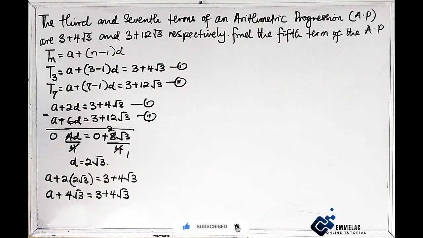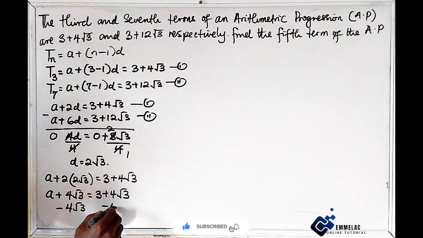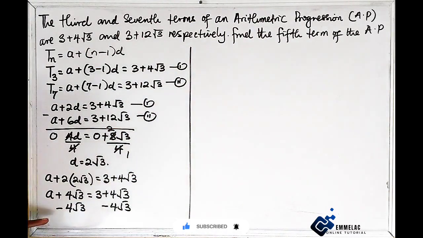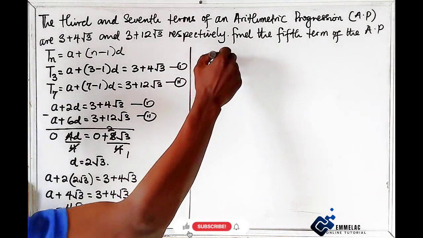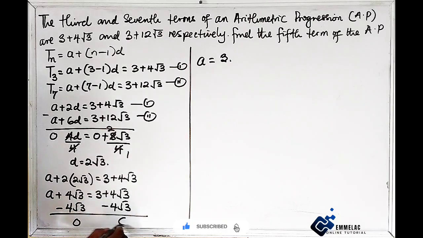Now let's subtract 4 root 3 from both sides. Alright, so this one will be 0, this one will be 0, so we are left with A equals 3.